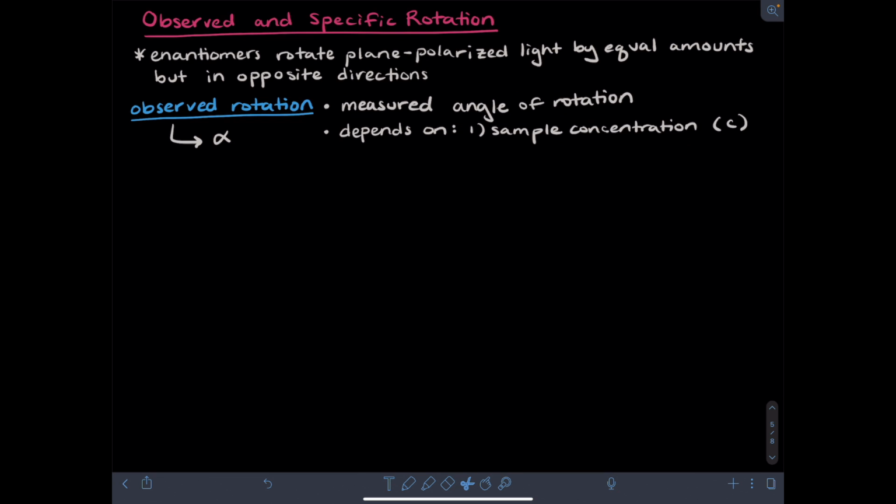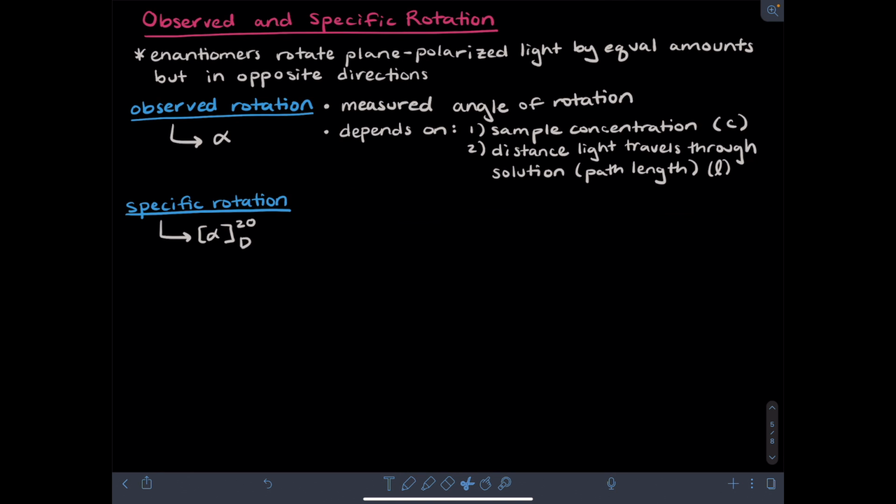This observed rotation will depend on your sample concentration. This will appear as the letter C in an equation below. And the observed rotation also depends on the distance the light travels through the sample, known as the path length. This is given an L symbol below.